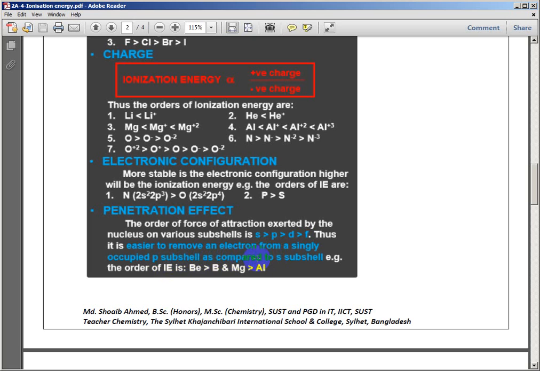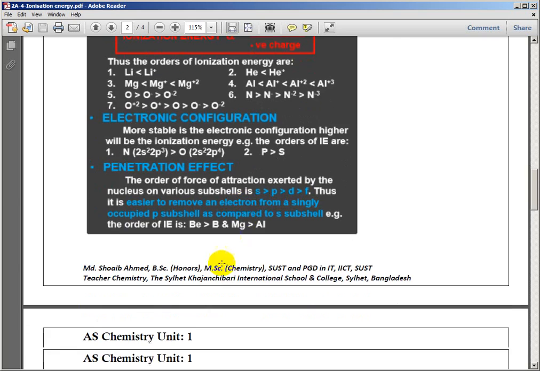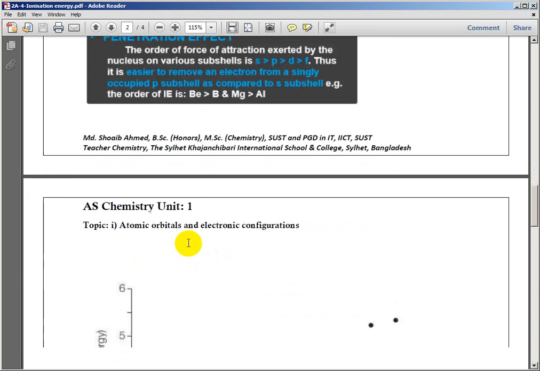So if an electron is removed easily from the p orbital rather than the s orbital, ionization energy decreases.